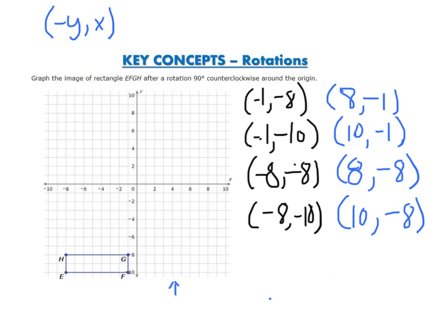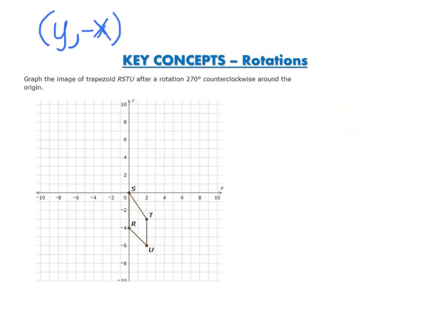So I have 8, negative 1, which is right there. 10, negative 1 is right there. 8, negative 8 is here. 10, negative 8 is right here. And when I connect those, I have my rectangle rotated 90 degrees counterclockwise around the origin.